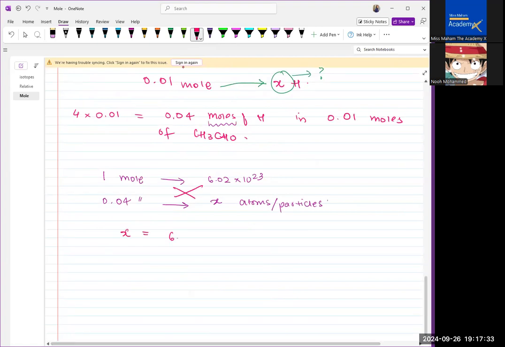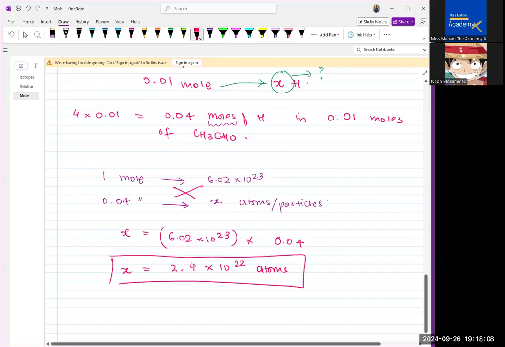X equals 6.02 into 10 to the power 23 multiplied by 0.04. X turns out to be 2.4 into 10 to the power 22 atoms.